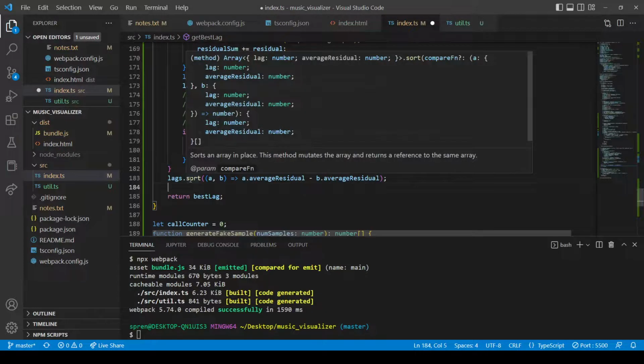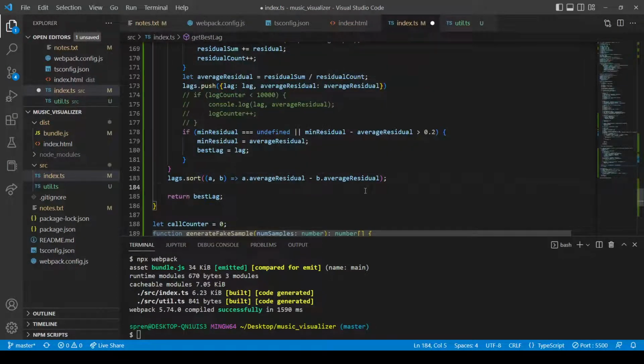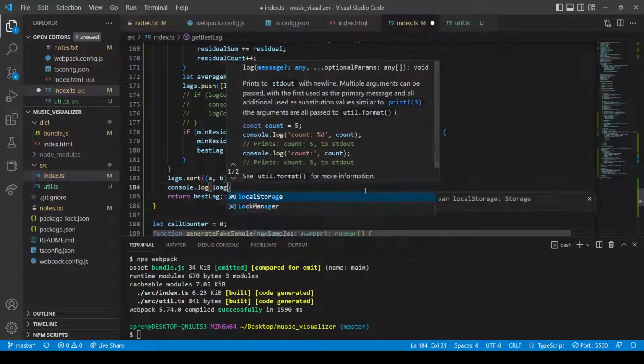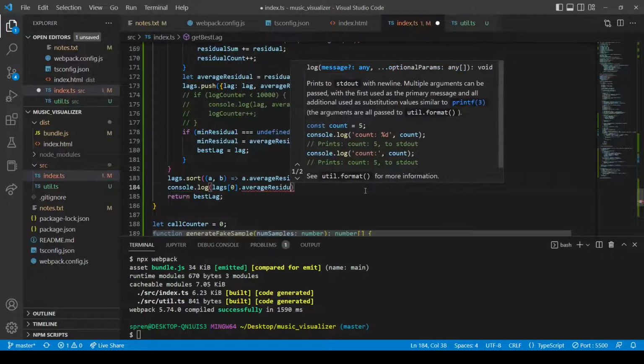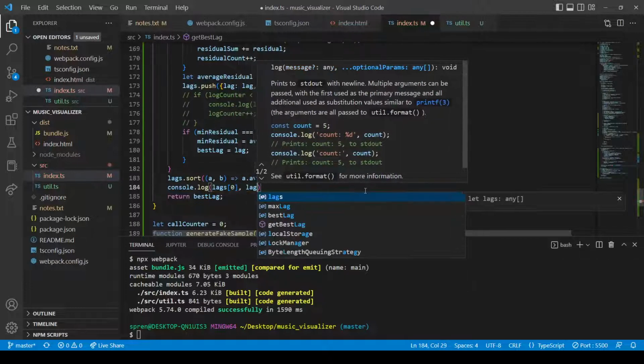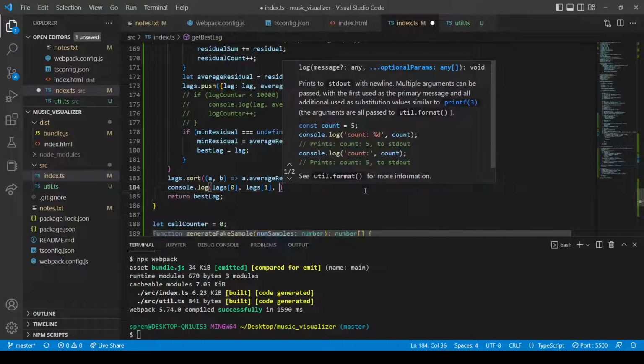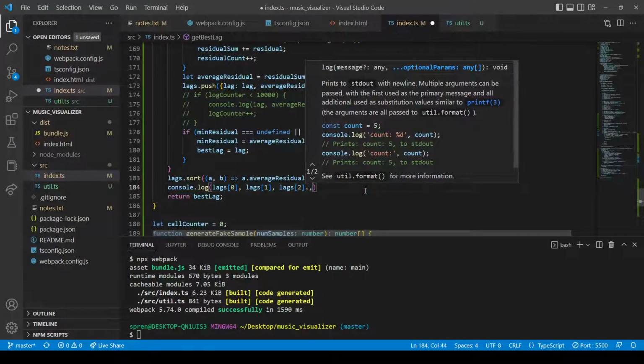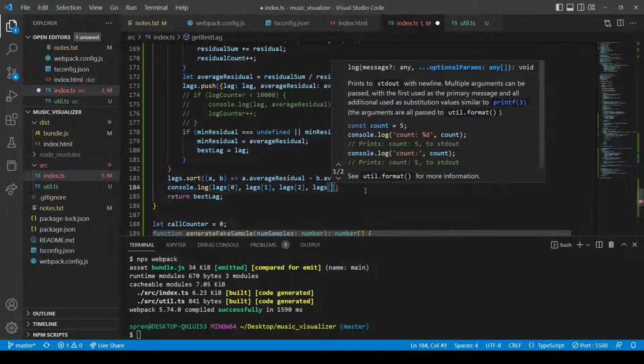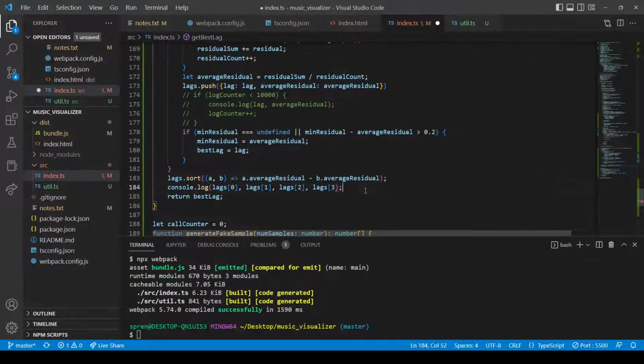Does this do it in place? Yes, it does. Okay.